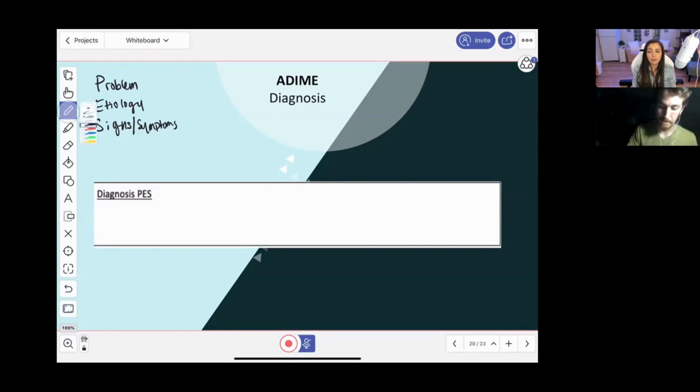Okay, so this one, it's basically going to be really the only thing that we know, which is that this baby's premature, they need increased nutrients. So we're going to do our problem as increased nutrient needs because that's our problem. That's what we're trying to fix nutritionally. Related to, which is the etiology.